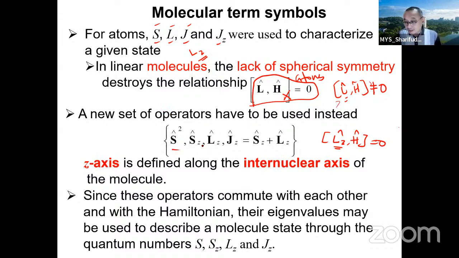S, as I've mentioned earlier, S spin, it commutes with the Hamiltonian up to polyatomic molecules. So Sz also commutes. Lz, okay, and of course we will be talking about Jz, which is equal to Sz plus Lz. Yeah, only the Z exists, which still commutes. So the Z axis is defined as the internuclear axis of the molecule. Okay, so they will be used to describe the molecular states.